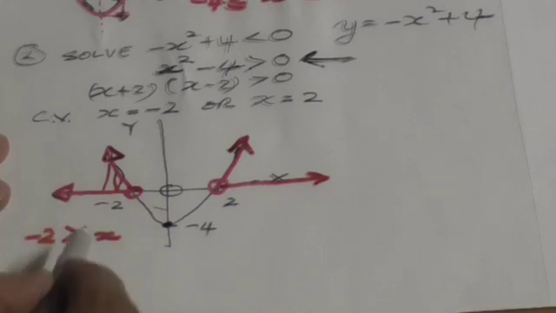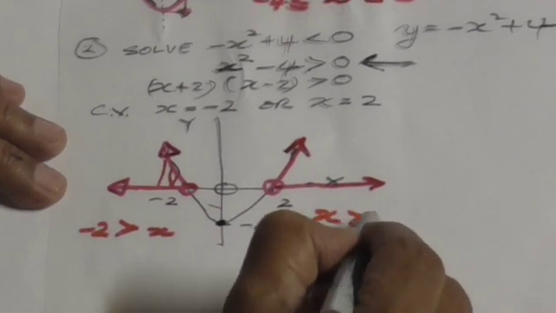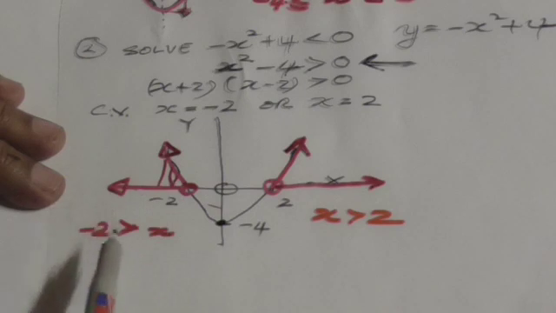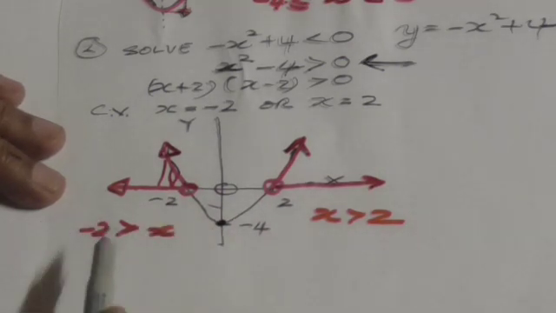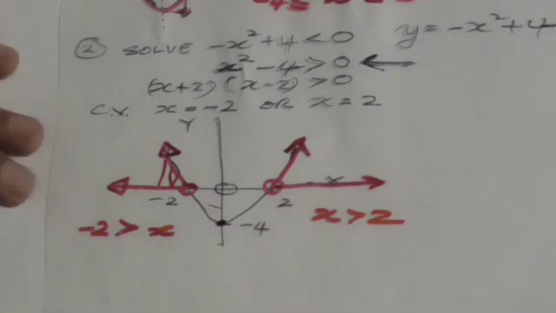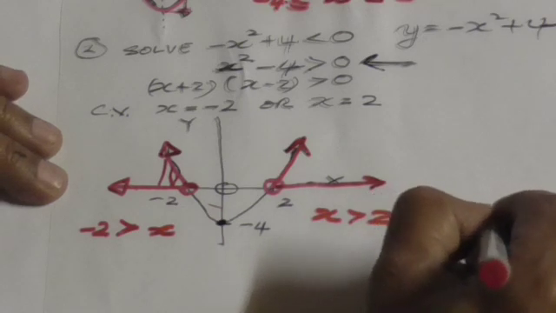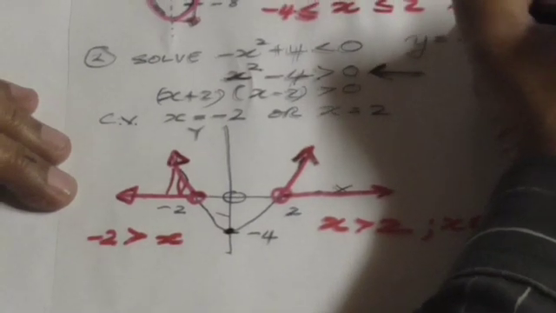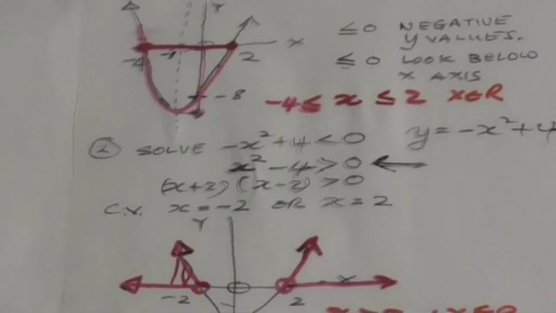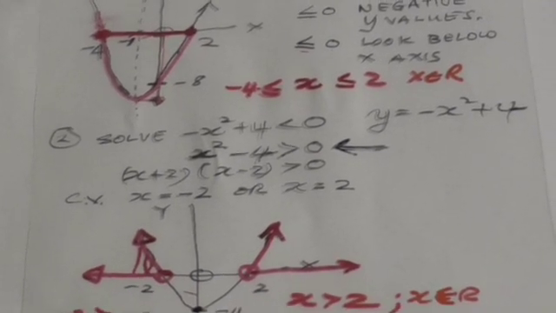On this side, x is greater than 2. And these two pieces of the answer will remain separate. They cannot be combined. And of course, we're supposed to say x is an element of real numbers. Even here, we're supposed to say x is an element of real numbers. All right, we'll move on to a few more examples.